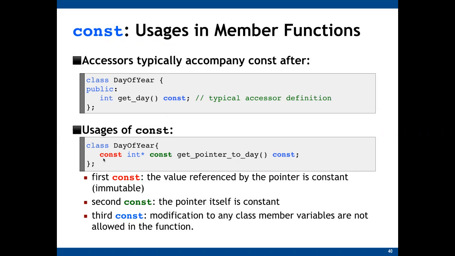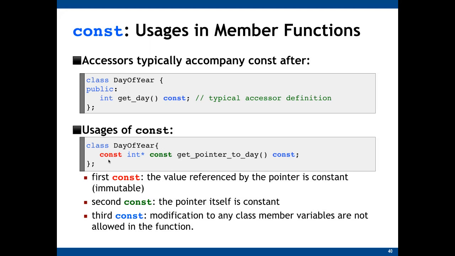The first const, this one, makes the value that the pointer variable points to constant. And the second const here makes the pointer itself constant. And the third one here makes the member function const, which we just talked about using the demo code. So don't be confused about this.